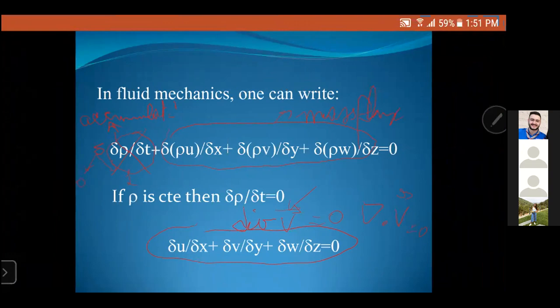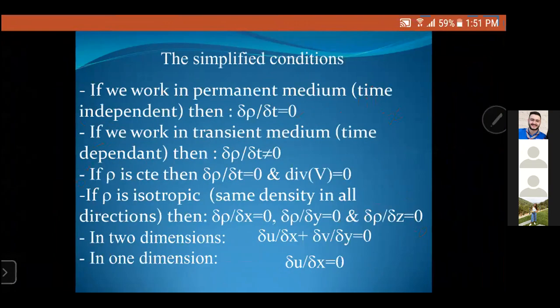Good. But divergence v equals 0, or nabla dot v equals 0, in this case. Then if rho is isotropic, that means constant density in all directions, the same density in all directions. In this case, the derivative along x, y, z of the density is equal to 0.